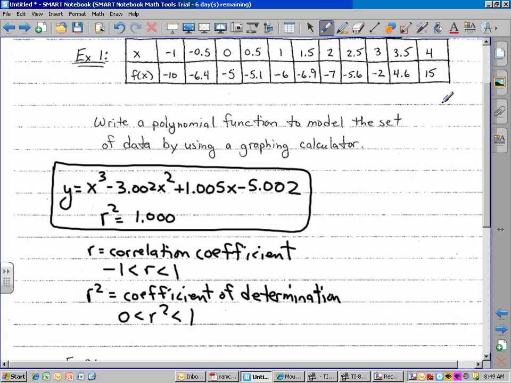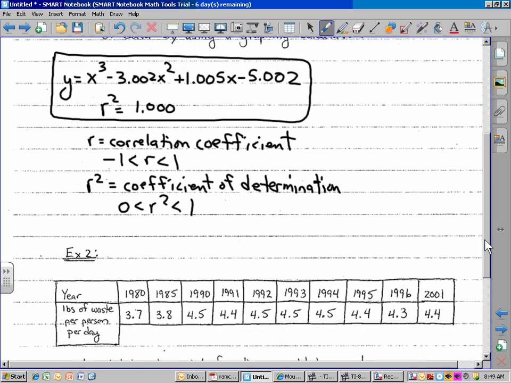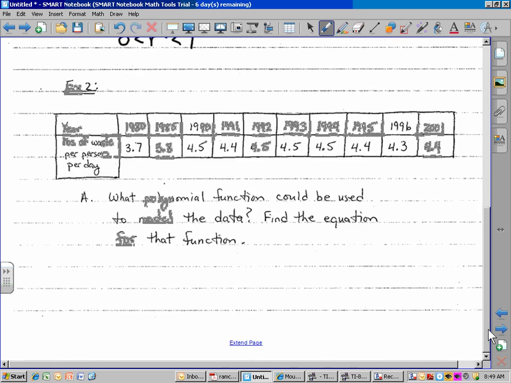So we wrote a model. Let's take a look at another example. Okay, here we have years, and we have pounds of waste per person per day. I'm assuming that's garbage, so the amount of garbage someone would create in a day.